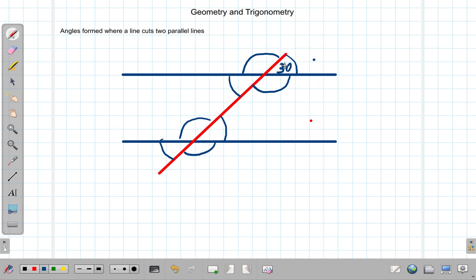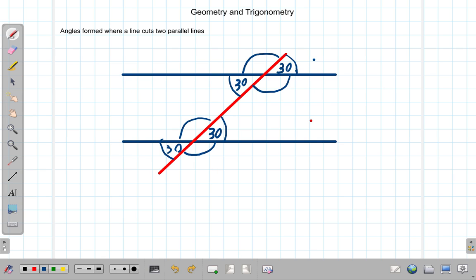Now here, this is 30. This is corresponding to it. This is also 30. And this angle is vertically opposite to it. It's 30. Same argument applies to this. Now what about this angle here? Remember, if you should go all the way around, you would have 180 degrees.